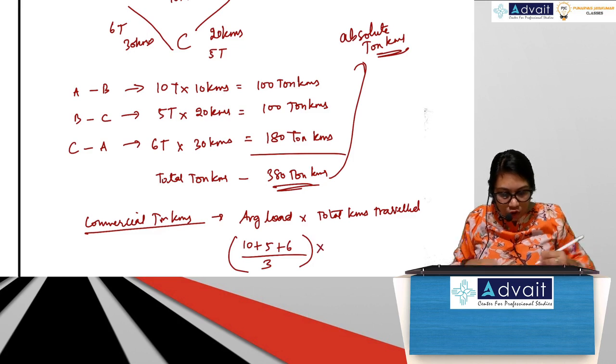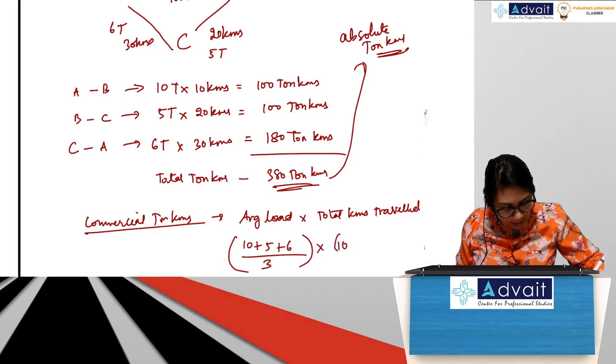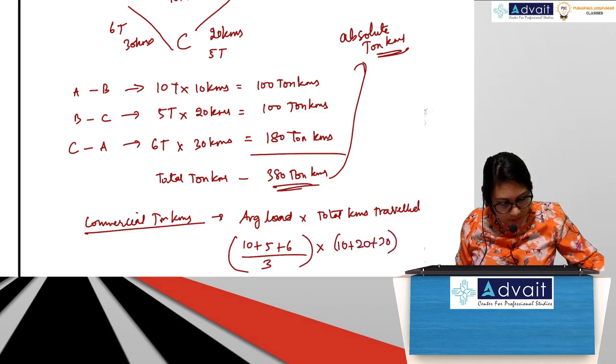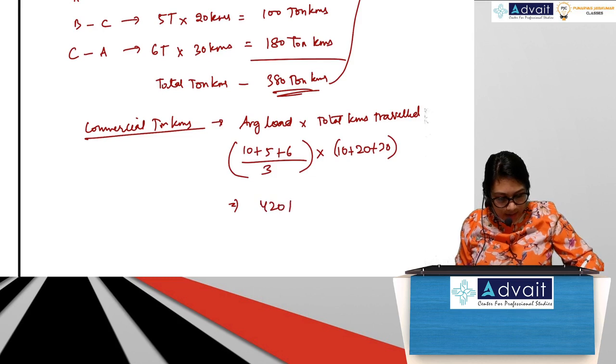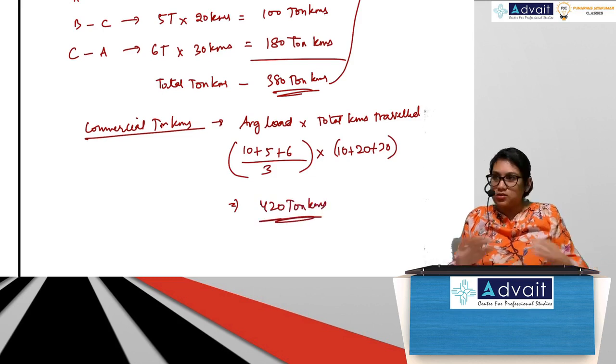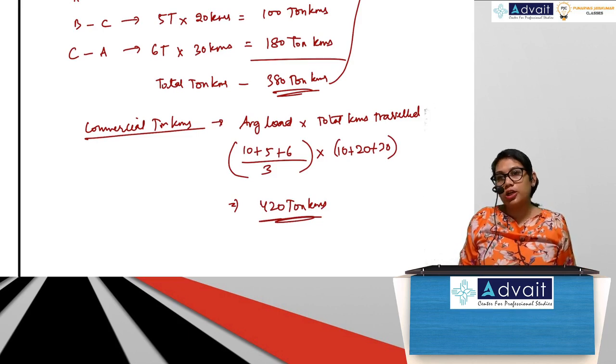Average, into total kilometers traveled. What was the total kilometers traveled? 10 plus 20 plus 30. Now calculate this. 420 ton kilometers. That's it. This is the commercial calculation of ton kilometers.